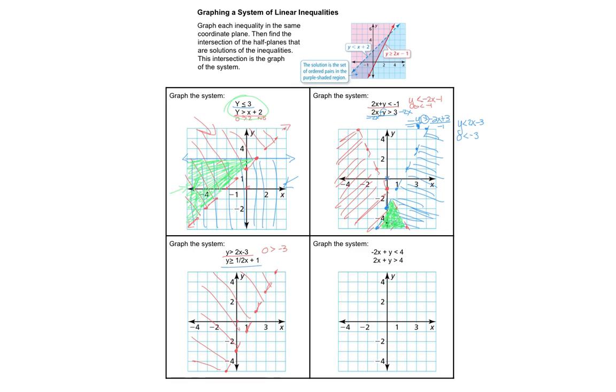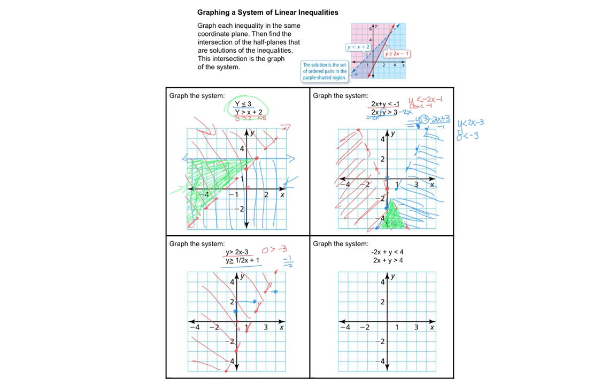This one, y is greater than or equal to, so we got a solid line, 1/2 x plus 1. So our y-intercept's 1, slope is 1 over 2. Rise 1, go to the right 2. Or we can do the opposite, which would be -1, -2.